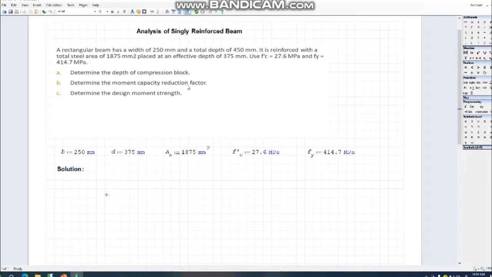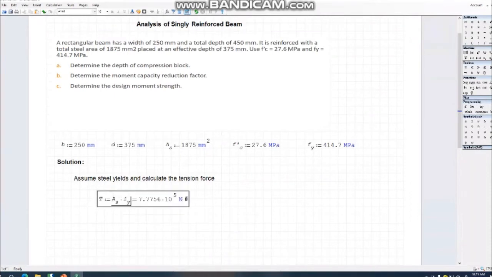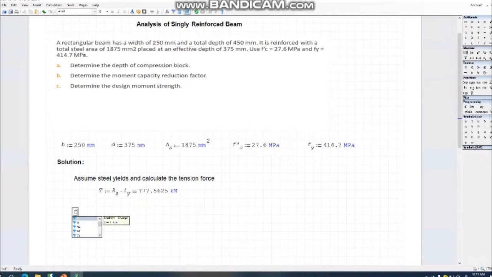So, assuming the steel yields, our fs is equivalent to fy. Next, based on this assumption, we calculate the depth of the stress block.